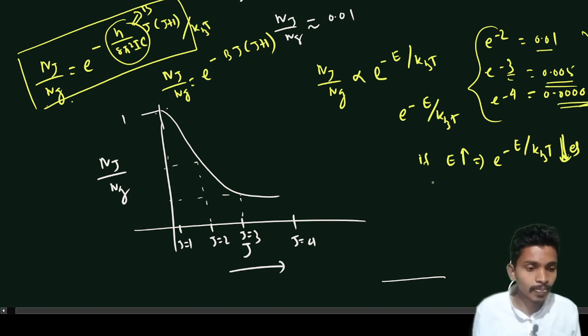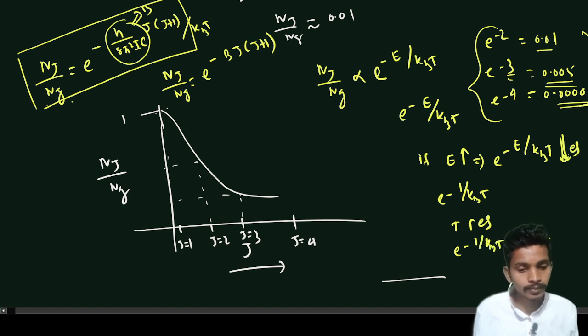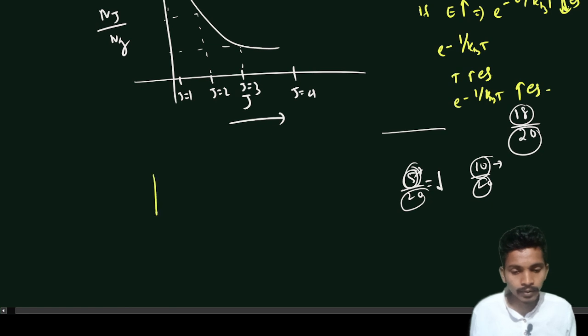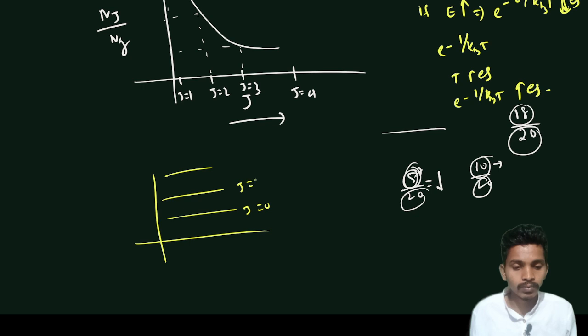On the other hand, in e to the power minus E upon kBT, if the temperature T increases, then 1 upon kBT decreases, and with the minus sign the whole value increases. If I draw here, this is J equal to 0, J equal to 1, J equal to 2, with energies 0, 2B, 6B.